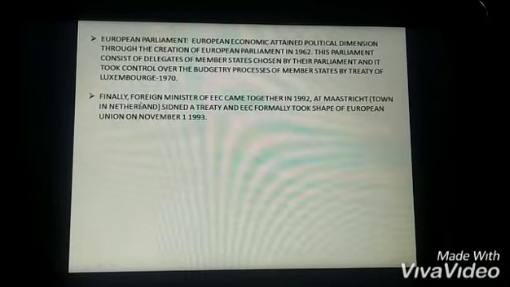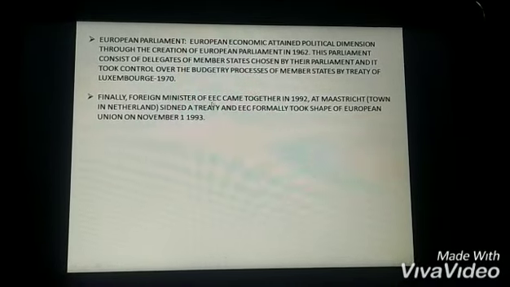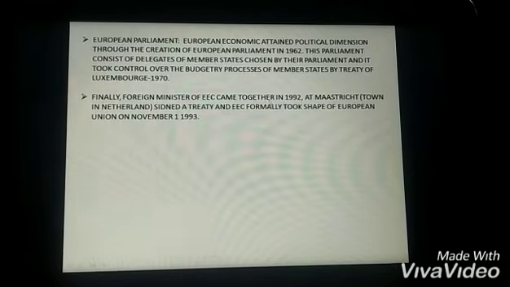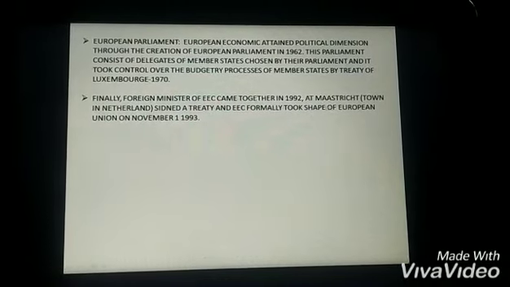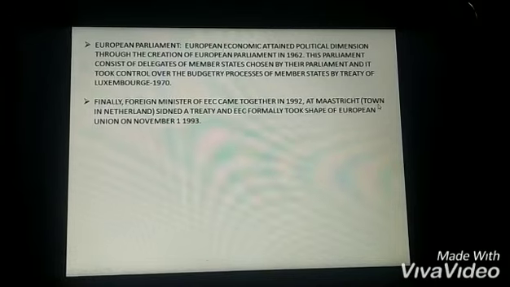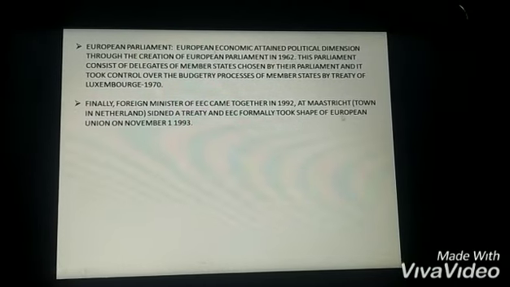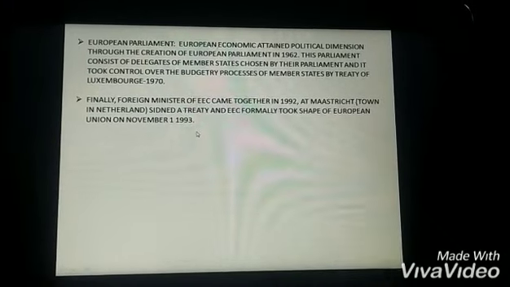And finally, the foreign ministers of this European Economic Community came together in 1992 at Maastricht, the name of a town in the Netherlands, and signed a treaty. We call that the Maastricht Treaty.